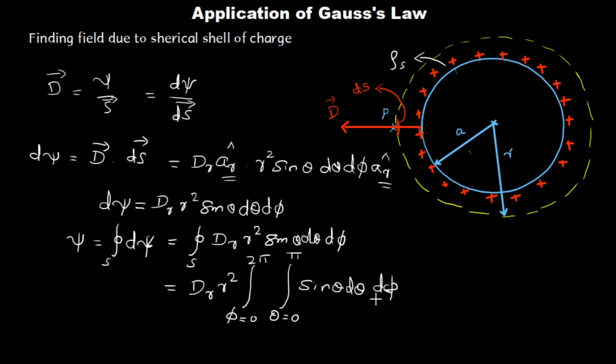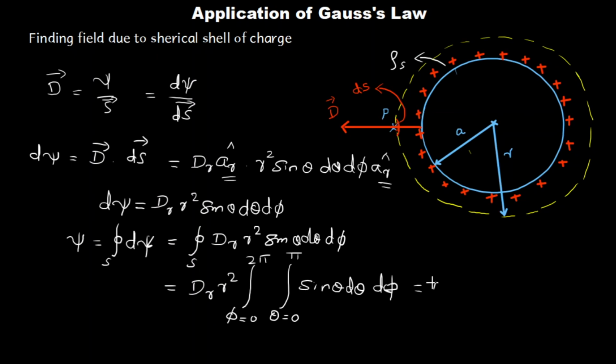About these universal limits, we have discussed all this earlier. If you are not thorough with this, I recommend you watch my previous videos. Now integrating this and applying the limits.